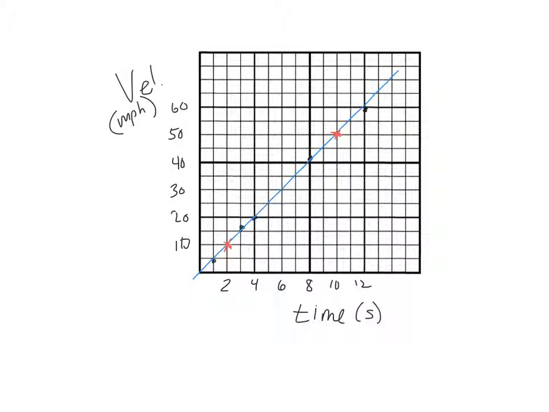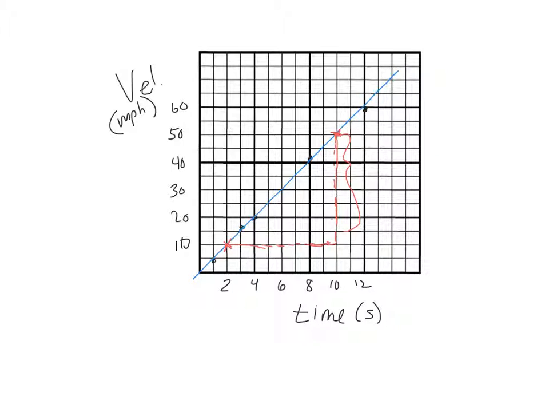So what I need to find now is the rise and the run of that section of the graph. This right here is my rise. And if you notice here, I'm starting from 10 miles per hour, and it goes up to 50 miles per hour. So from 10 to 50 is what?